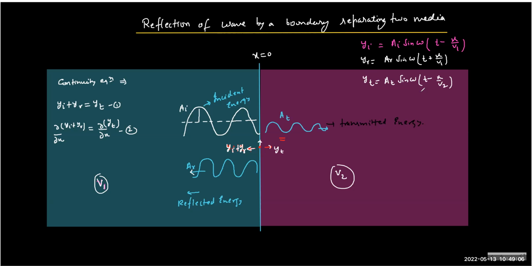So we have three equations, and what you are supposed to do is use the equation of continuity and the boundary, which we basically can call the boundary condition. So yi plus yr equals yt.